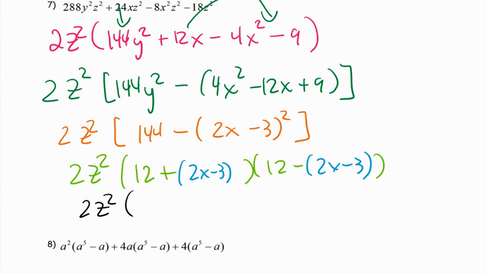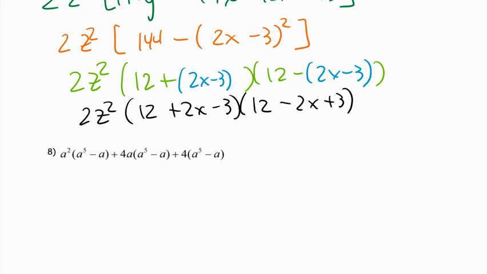Finish it up, 2z squared, 12 plus 2x minus 3, 12 minus 2x plus 3, and we're finished.